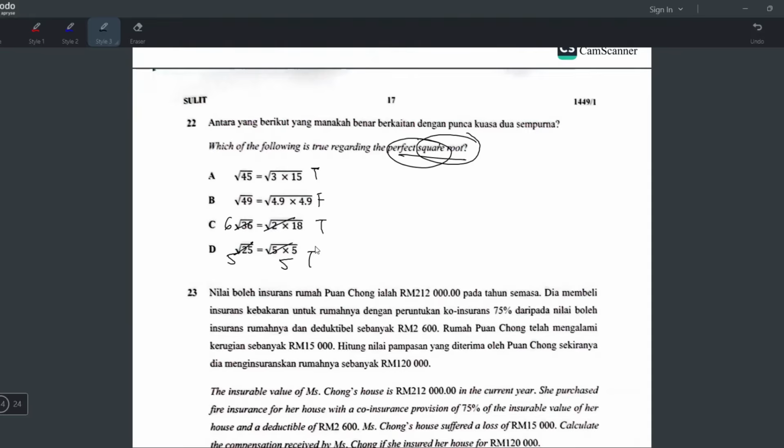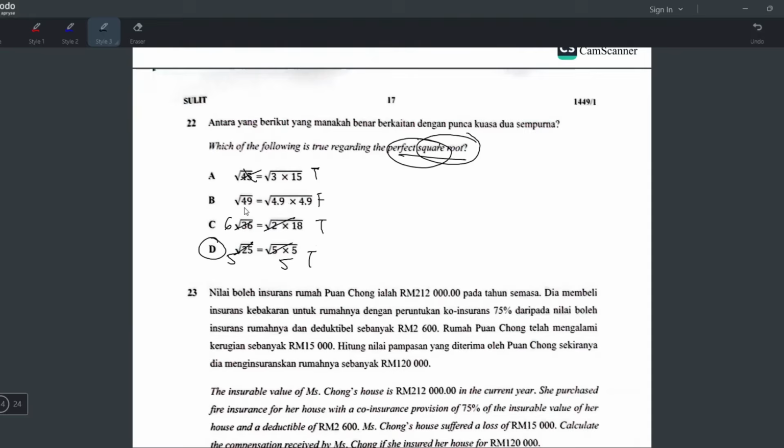So which of the following is true regarding the perfect square root? Perfect square root. That means it has to be perfect square lah, right? It has to be perfect square. So I think the answer is D lah, because 45 is not a perfect square. Yeah. 49 is perfect square, but on the other side, they didn't write 7.